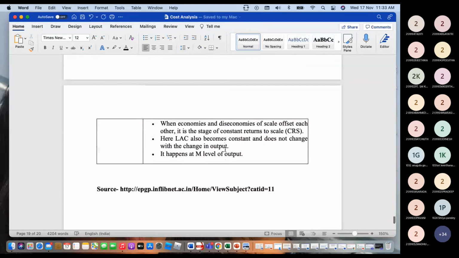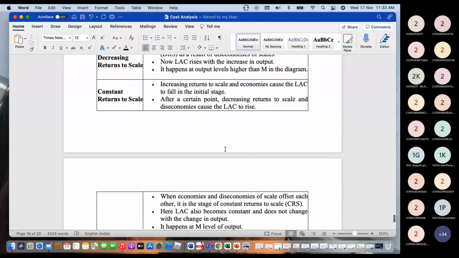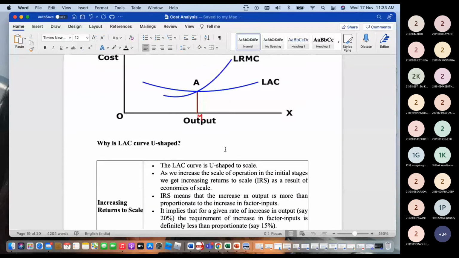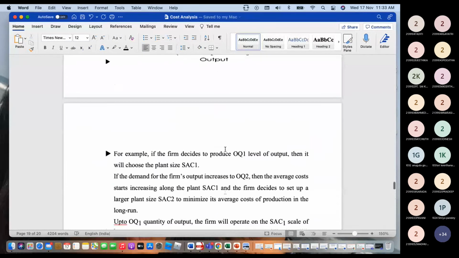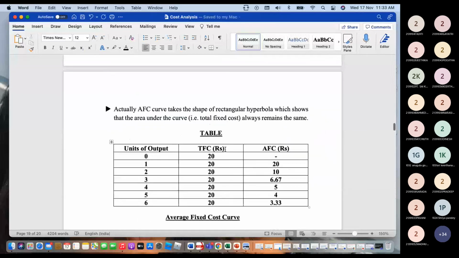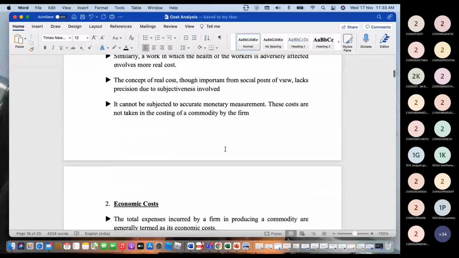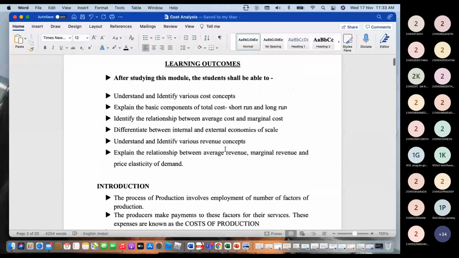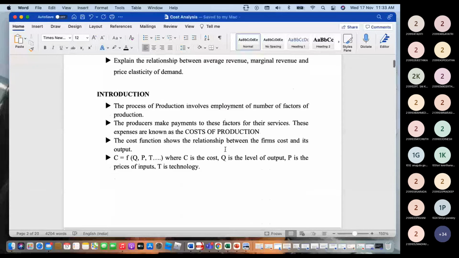Yes, students, this finishes your topic on the LAC curve, that is your cost curves. So tomorrow when we come back for the class, I will be starting the theoretical part: what are the different cost concepts?